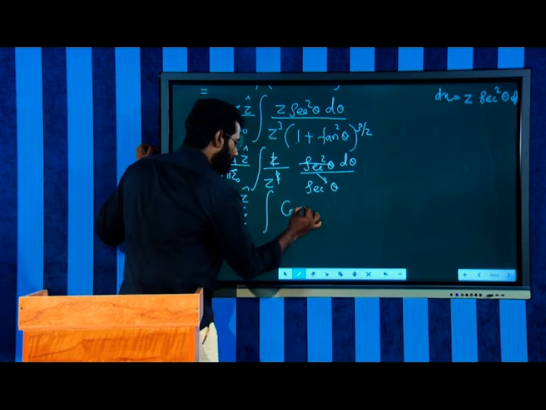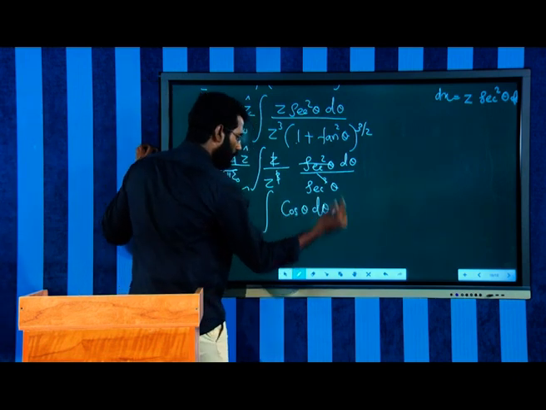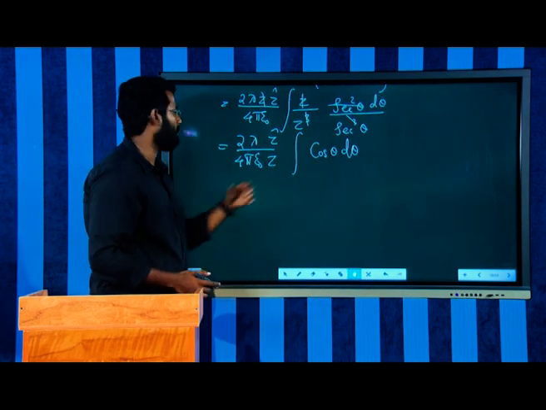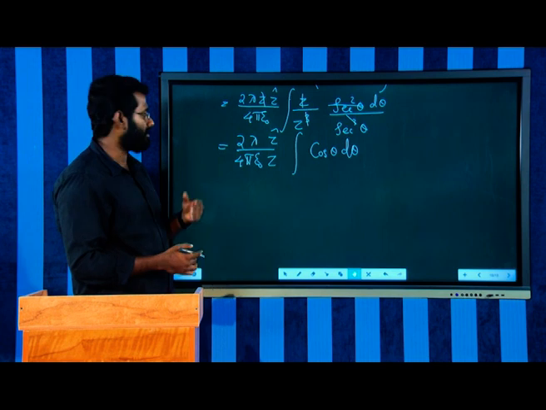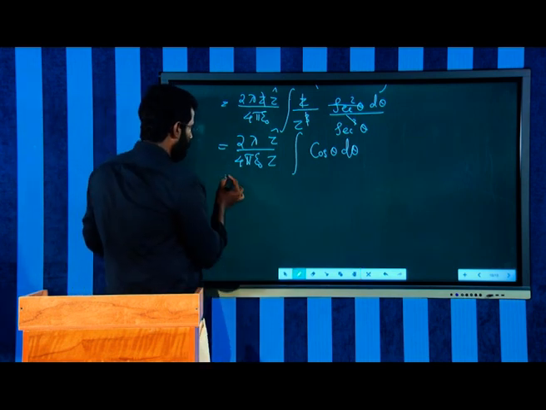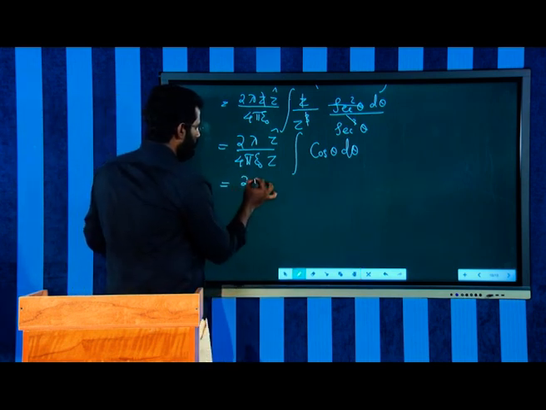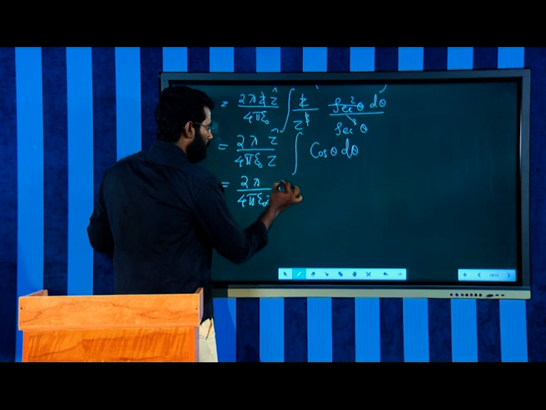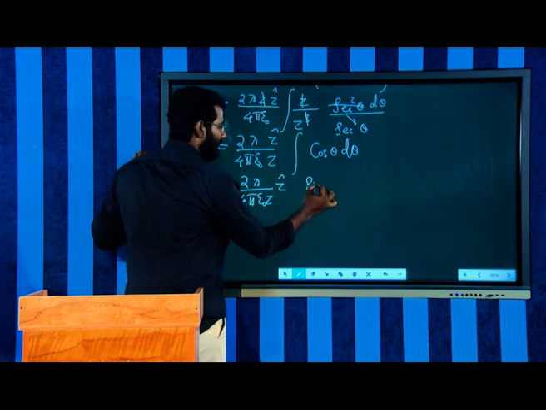So that is cos theta d theta. Now we can integrate it. It is very simple, the integral of cos theta is sin theta. So this is equal to 2 lambda by 4 pi epsilon 0 z into z cap into sin theta.